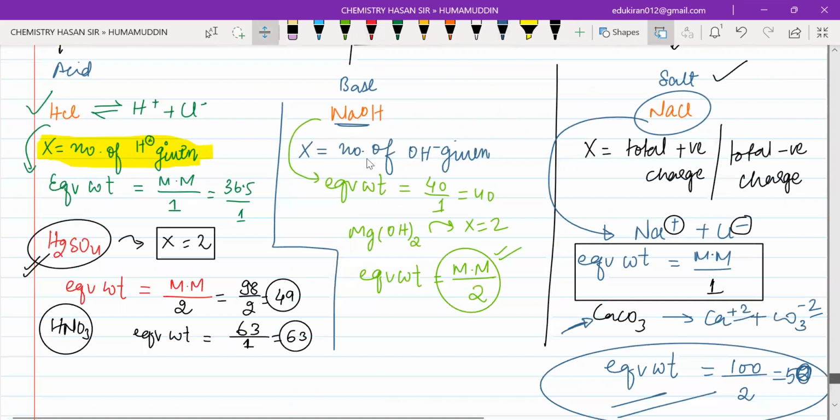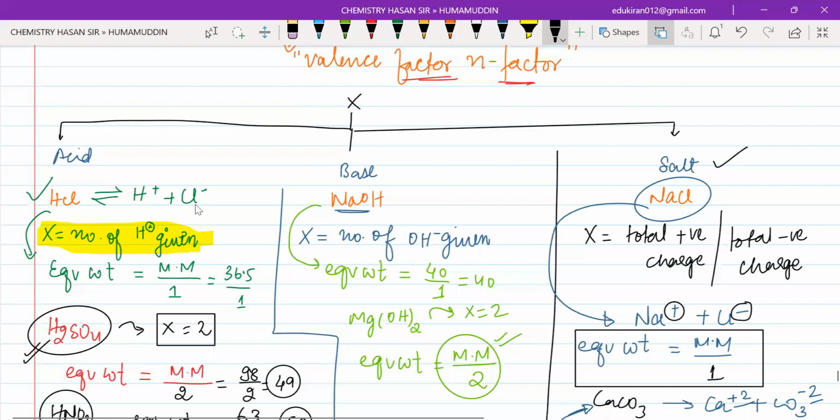If it is an acid, if it is a base, and if it is salt. So if it is an acid, X is equal to number of H+ given. Like HCl will give only one H+, so it has a value of X that is equal to 1.